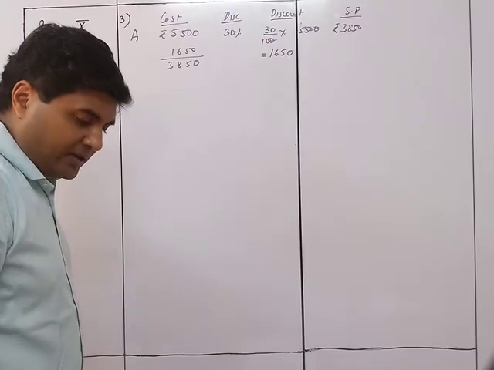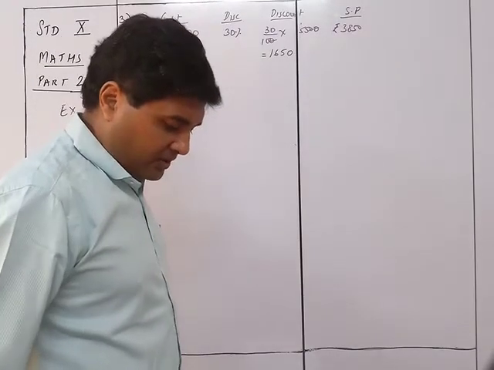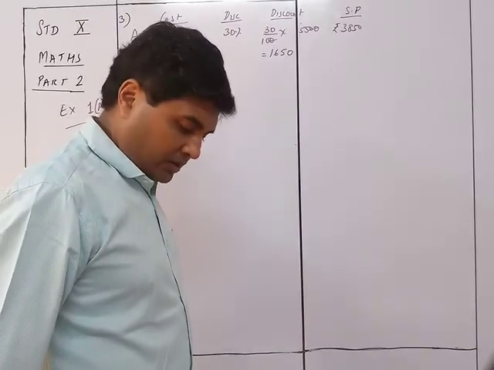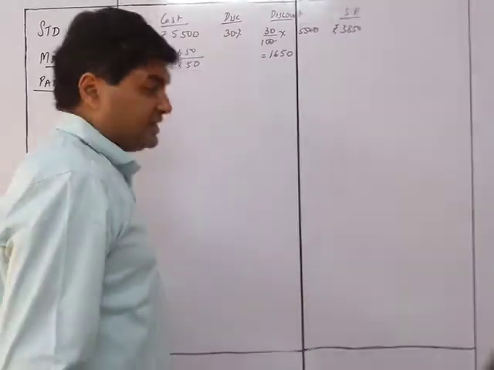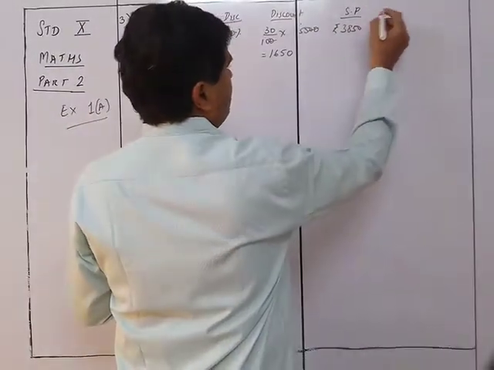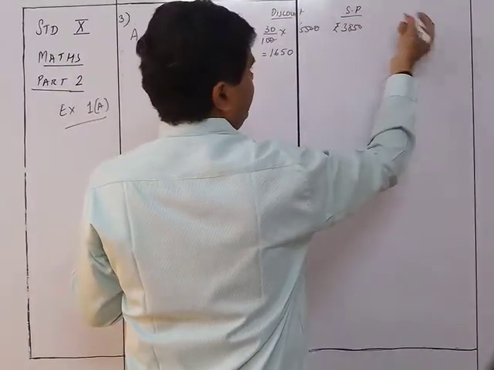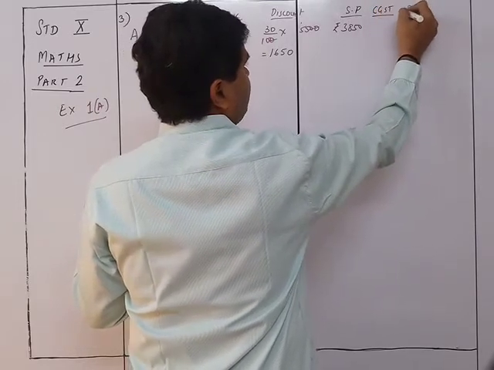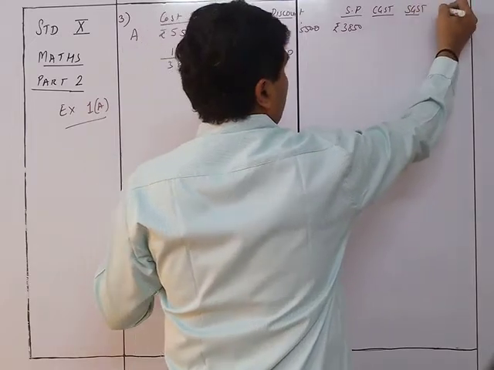Now it's given that the mechanic is supplying within the state, so of course it will be CGST and SGST, 9% each. I'll write it here: CGST, SGST and total.